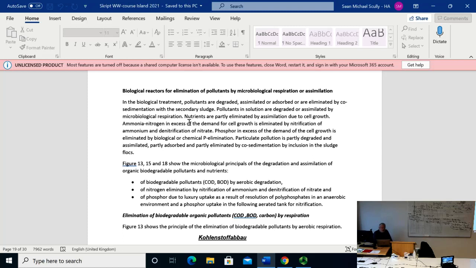This is what we call the nutrient requirement. In order to grow cells, the yield coefficient of nitrogen into the cells is 2.5% of the COD which is degraded, 50% mineralized, and 50% you will find also of the COD in the cells. If you take 100 grams COD, you will find 50 grams of the COD in the cell mass.